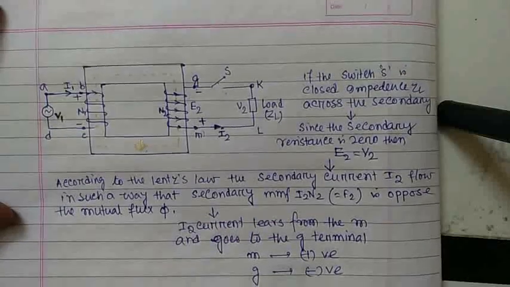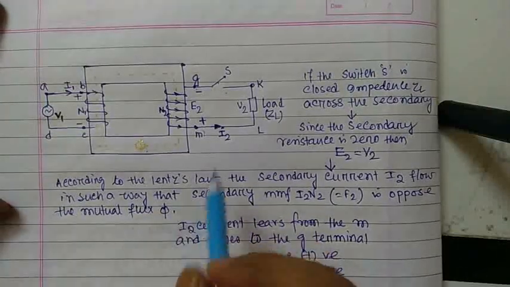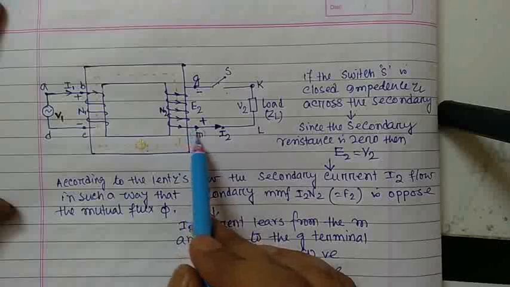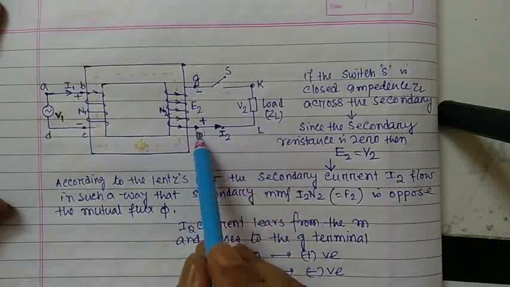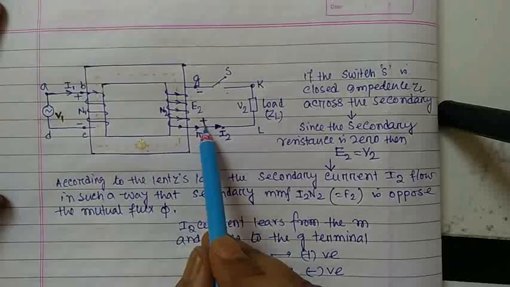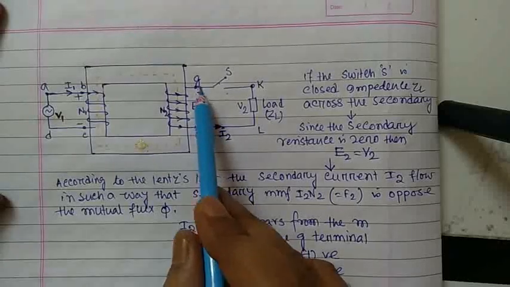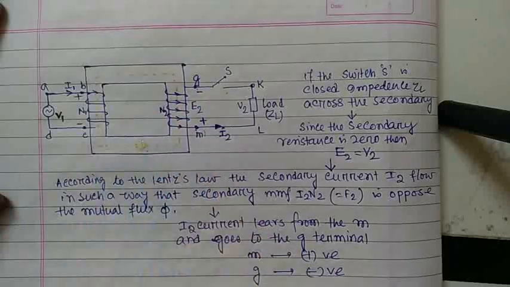It is very clear. The I2 current flows from the M terminal and enters the G terminal, so the M terminal is positive and the G terminal is negative.